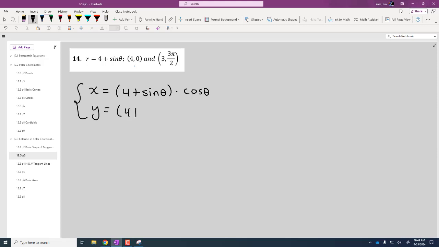And then we do r times sine of theta. Done. We've converted from polar to parametric. And parametric is nicer for calculus because we can find x prime and y prime and then form dy/dx. dy/dx is y prime over x prime.